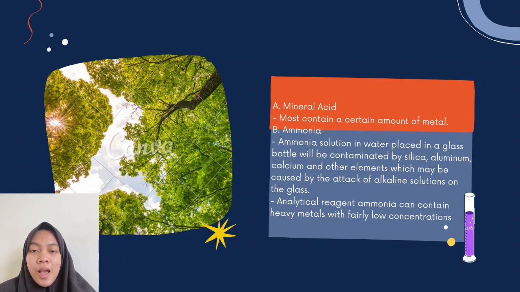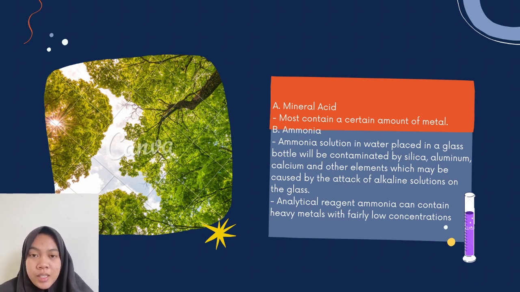B. Ammonia. Ammonia solution in water placed in a glass bottle will be contaminated by silica, aluminum, calcium, and other elements which might be caused by the attack of alkaline solution on the glass.